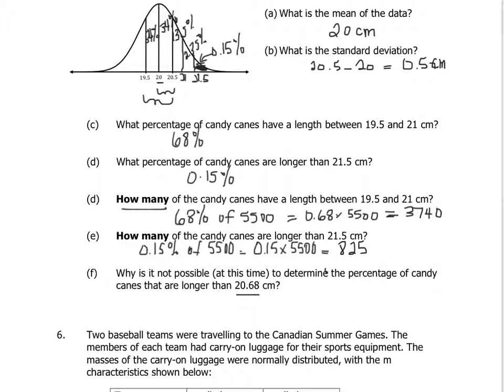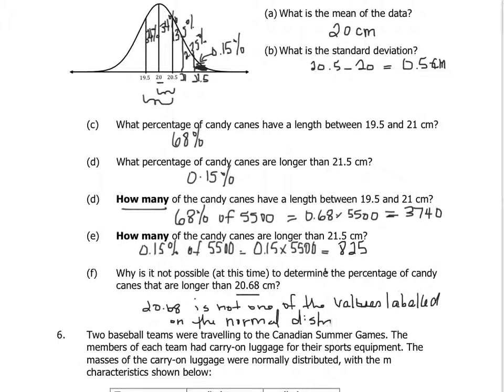And that's because 20.68 is not one of the labels on our normal distribution curve.